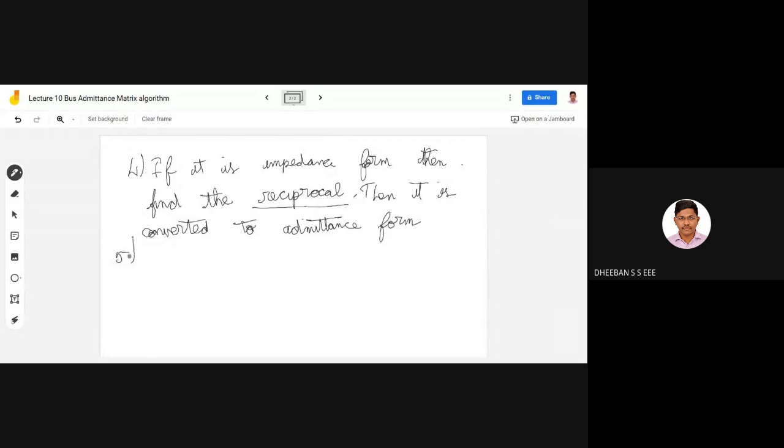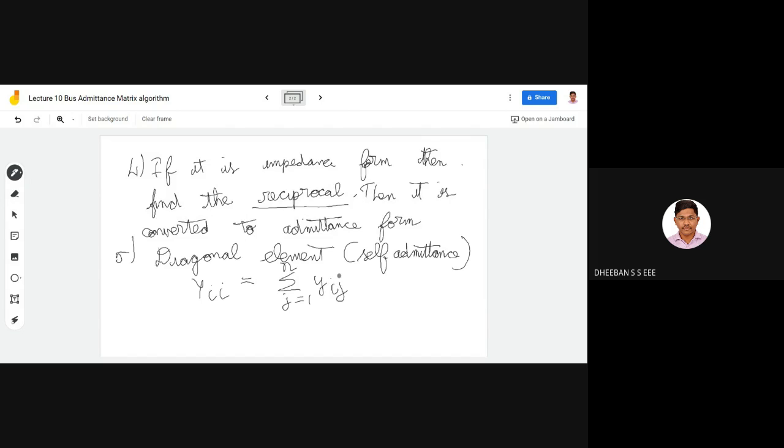So coming to your fifth step, diagonal element. To find the diagonal element, that is diagonal element in the sense self admittance, here Yii will be equal to summation j equal to 1 to n Yij.